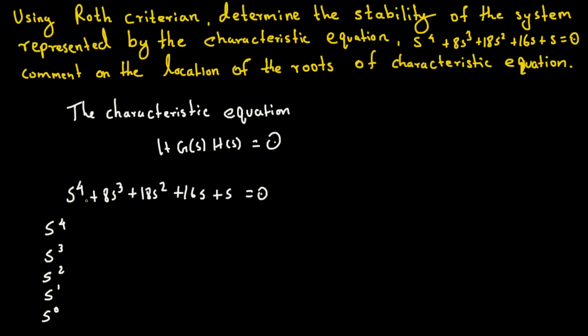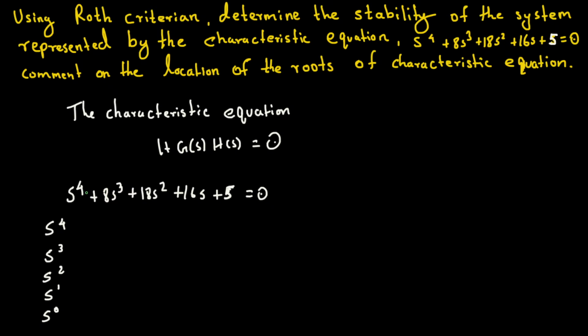You have to make sure all the powers are there in descending order, 4, 3, 2, 1, 0. In case you miss something, you have to put 0. For example, let's say there's no s term and this one is 5. This is power 1, so this should be power 0 right here. So this is 5.